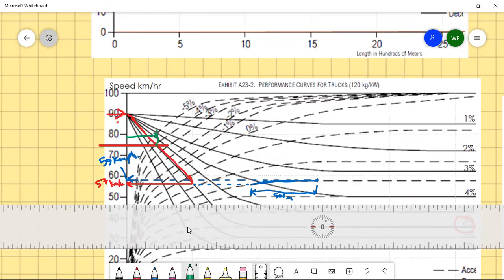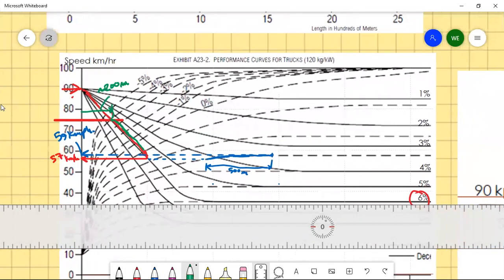So we will need to have our climbing lane starting from here. This distance is almost 200 meters. So that's the start of the climbing lane.